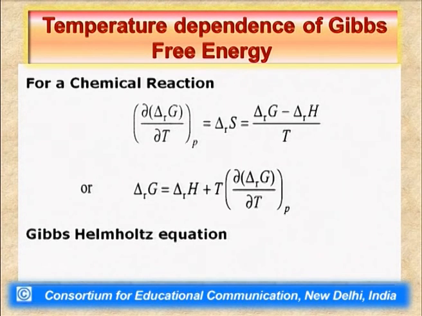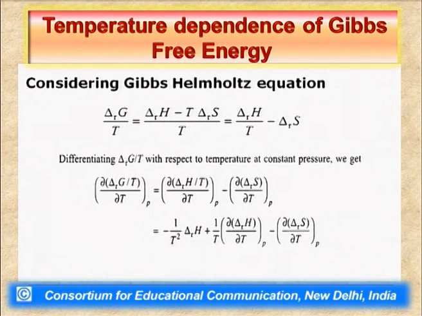This equation is called the Gibbs-Helmholtz equation, and why it is important is what we need to understand. If you look at the equation, it relates the Gibbs free energy of the reaction system with the enthalpy of the reaction plus T and the rate of change of Gibbs free energy with temperature at constant pressure.